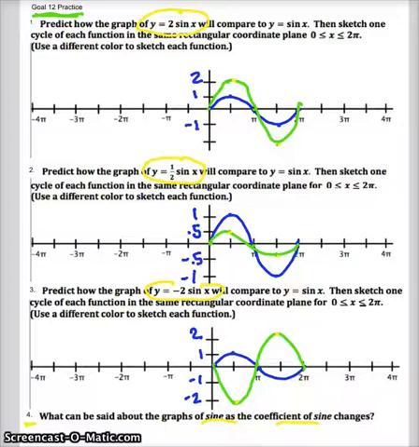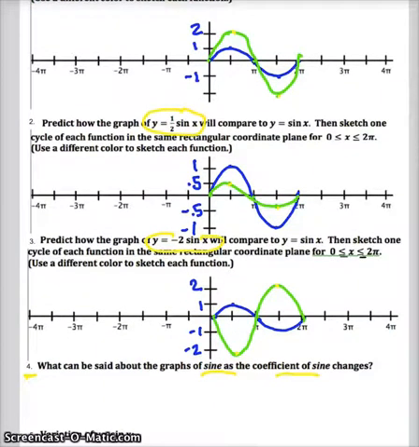The last question on this page says variation of y equals sine x. So our variations, the first variation that I want to discuss would be when the coefficient of sine and cosine change, and we will denote that by capital A. So capital A represents the change in the coefficient for sine and cosine.